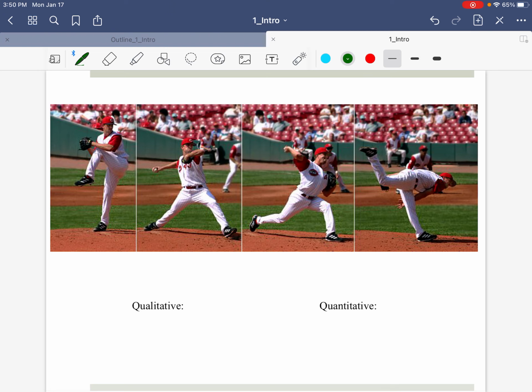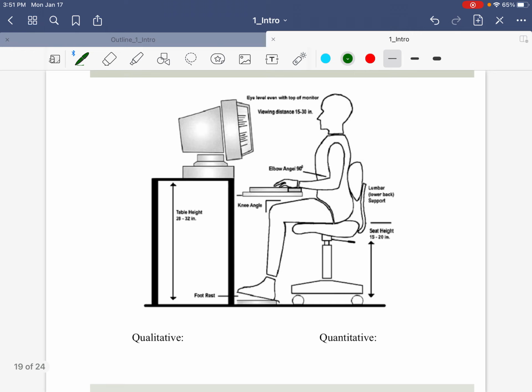Qualitative, of course, all the examples I'm thinking of first are quantitative, but we could talk about qualitative, where this pitcher had his eyes focusing during the motion, right? Qualitative, the amount of rotation, just visual rotation at the trunk. All sorts of things like that. And we can use it in everyday examples too, right?